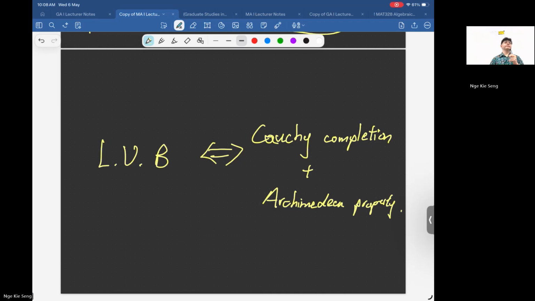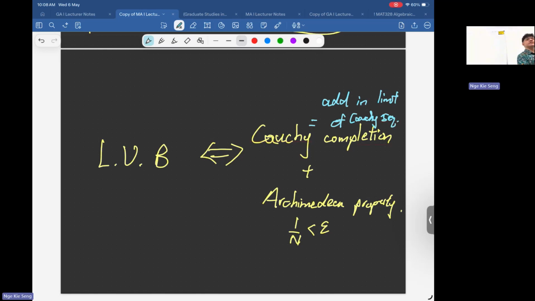This part is for epsilon less than 1 over n. So here completion means you add in the limit of Cauchy sequences.